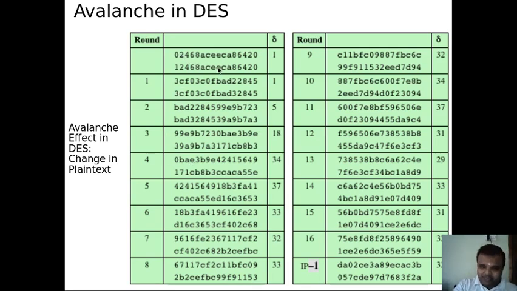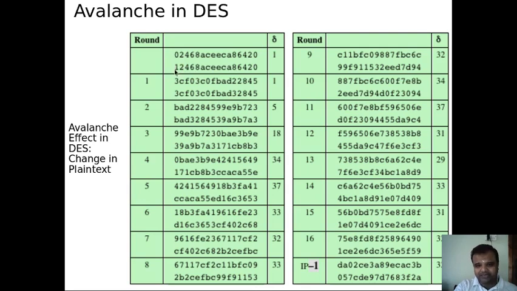Two examples are shown. This is with a 1 bit change in the plain text. Let us look at this plain text. Data encryption standard works on different plain texts. 02468 is one plain text, and then you have this exact same plain text with just a 1 bit change.